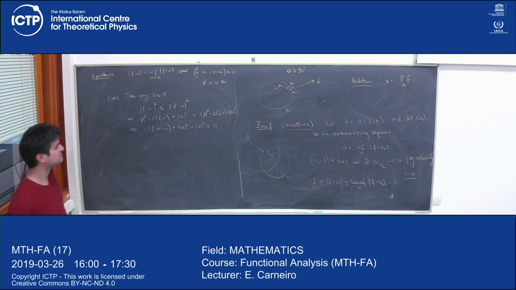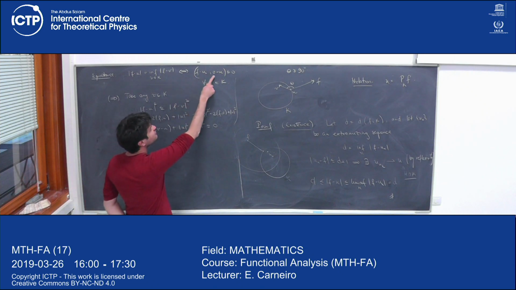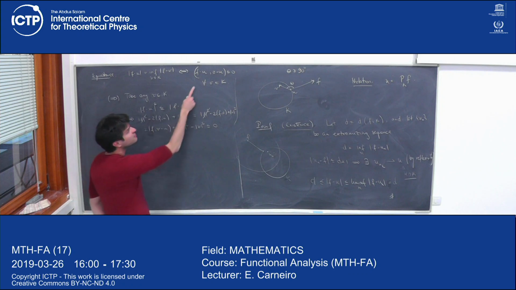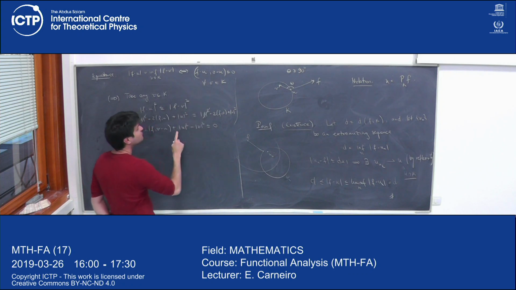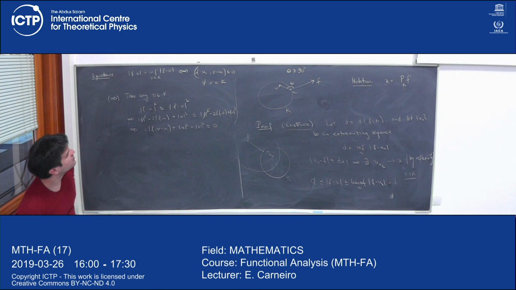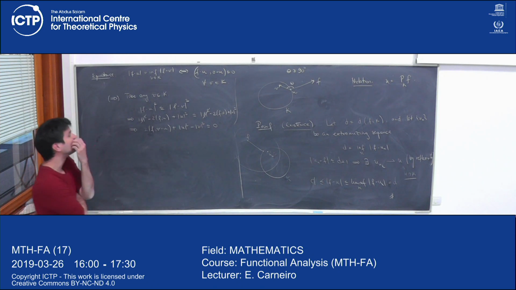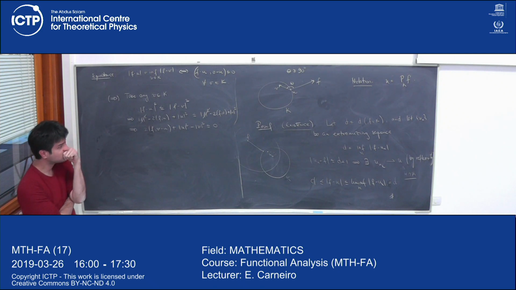Okay, I get F, V minus U, that's okay, and I have minus UV plus U squared. So I'm almost in the good direction. So we might have to use some sort of Cauchy-Schwarz here. How do we do that?